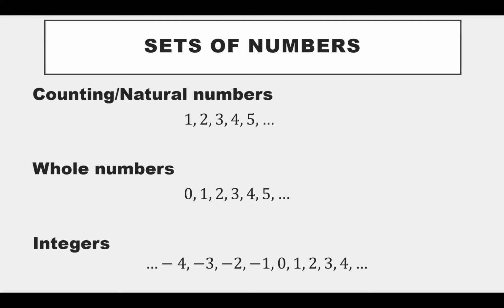By the way, we don't need a -0 because -0 is 0. But all of the natural numbers along with their negatives, along with 0. 0 is neither positive nor negative. And so the integers go forever in both directions. They go forever in the negative direction and forever in the positive direction.